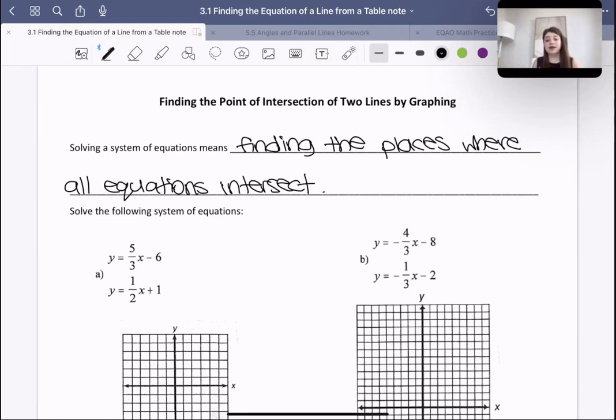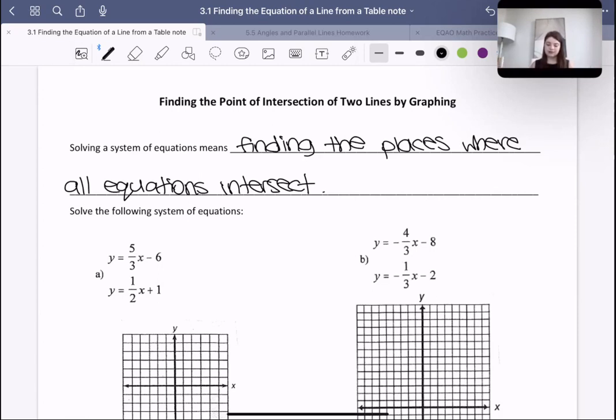Sometimes, in the future when we get to university level linear algebra, and we have different planes and that sort of stuff, we can actually have an entire line as the answer to our system of equations. Or even with polynomials later in high school, sometimes there are 2 points where the equations meet, right? So there are 2 points that are both solutions to the system. Sometimes there are infinitely many solutions to a system. So basically, solving a system broadly just means finding the places where the equations intersect, and those could come up with a wide range of answers in the future.